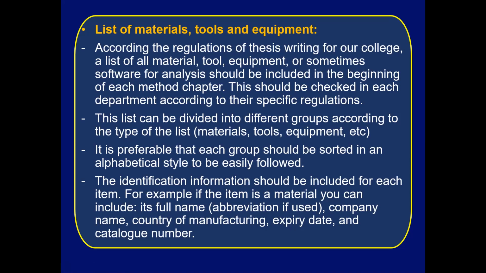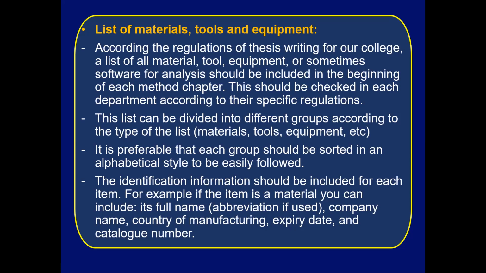The list can be divided into different groups according to the type, whether those are materials, tools, equipment, etc. It is preferable that each group be sorted alphabetically to be easily followed by the readers. And the identification information should be included for each item.